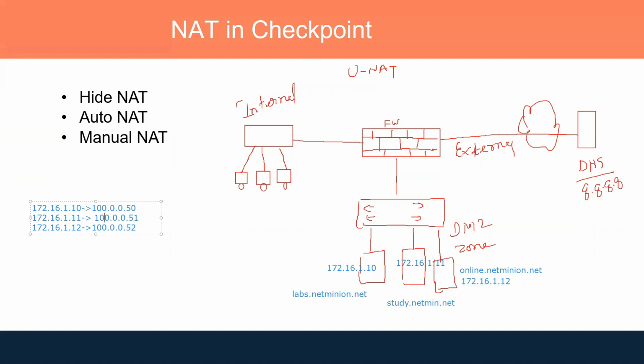So now you have 3 different servers in the DMZ, and you have NATed them to different public IPs.